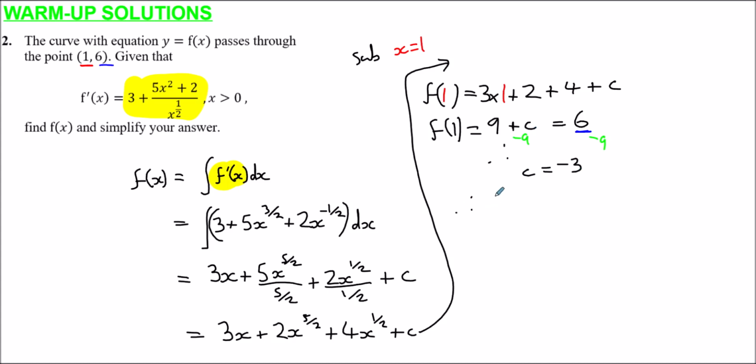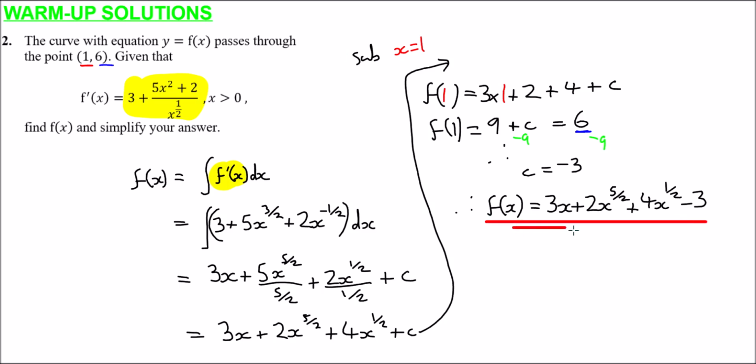So therefore, putting all this together, f of x is 3x plus 2x to the power 5 over 2 plus 4x to the power of 1/2 plus c, which we now know is minus 3. So that's the full function of x, including its constant of integration, which we needed to include as well.